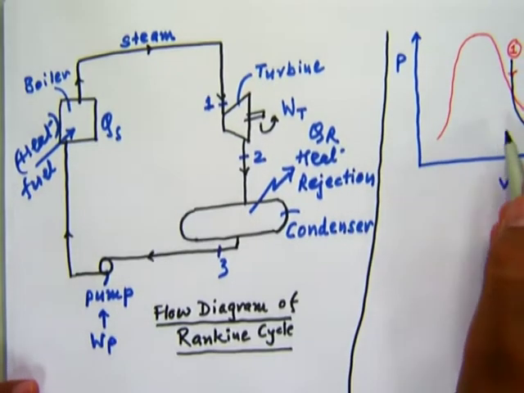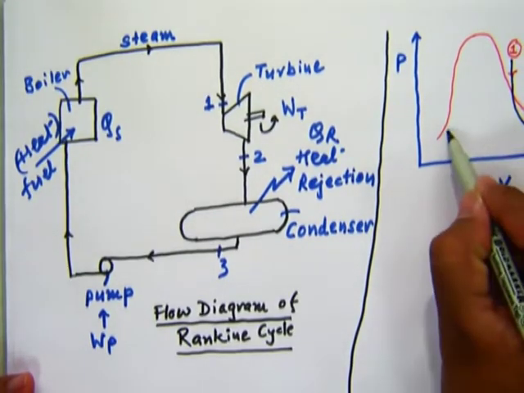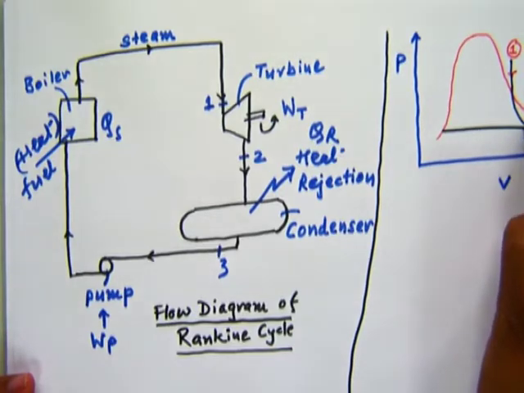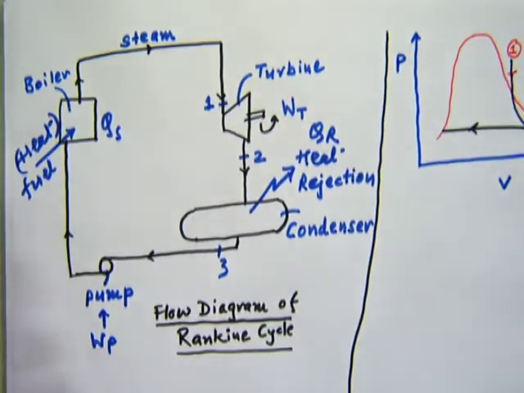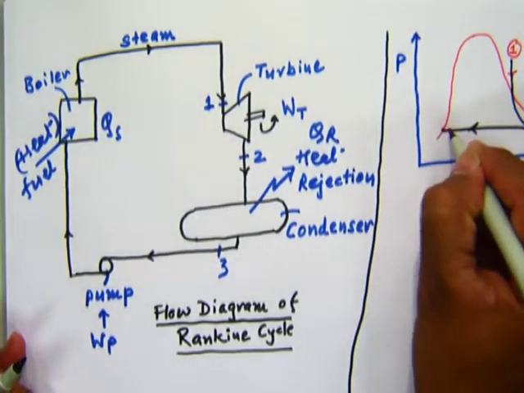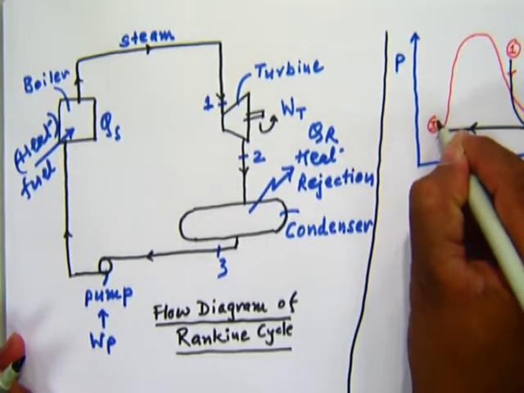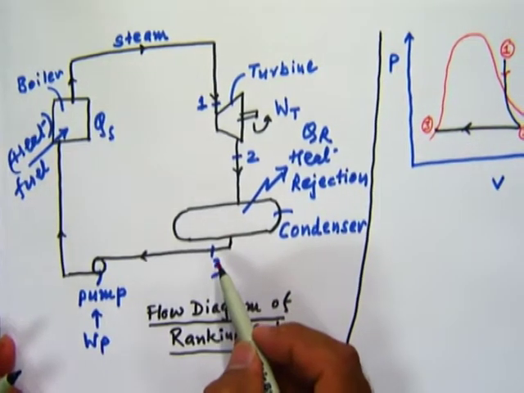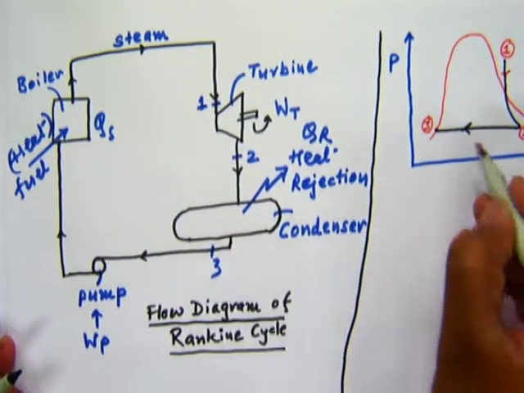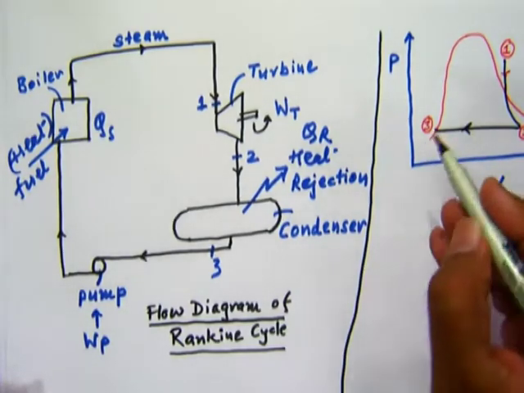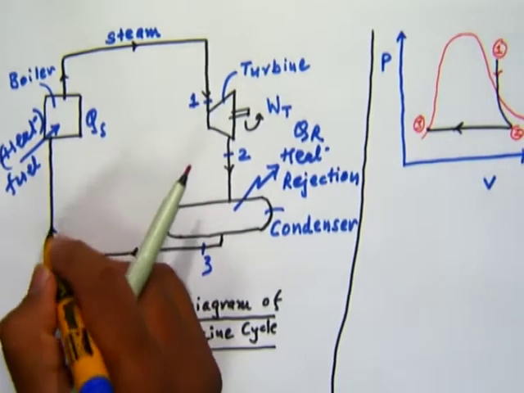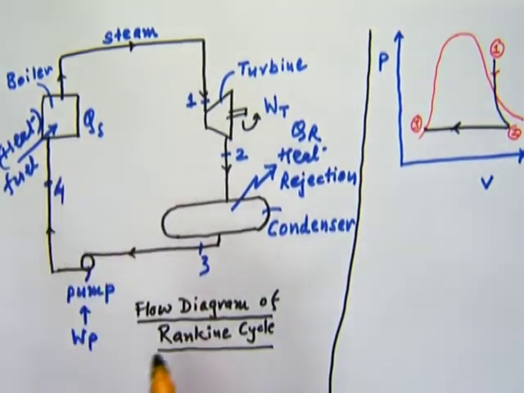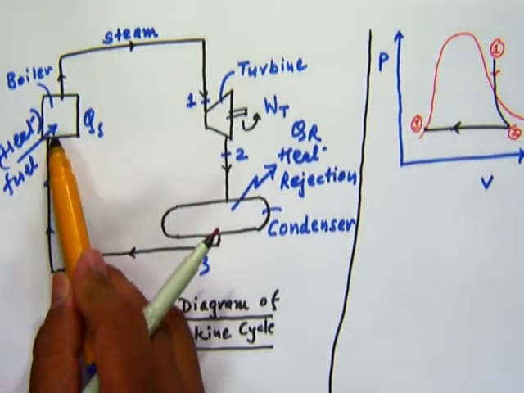This is here point 3. Heat rejection. From 3 to 4, through the feed pump we are feeding back to the boiler.